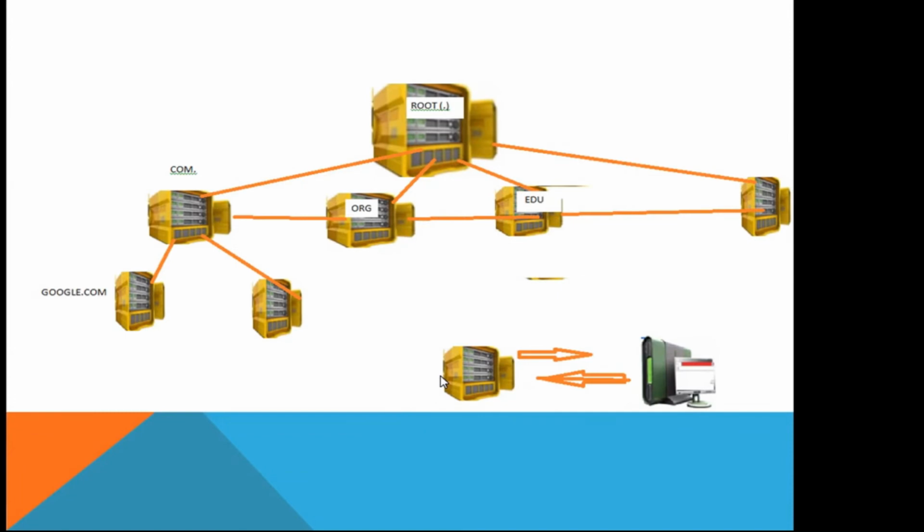I'll try to explain in this mode. When your computer sends the request for google.com to your local DNS, it finds the IP address. Yeah, I have the DNS entry, I know about google.com. It will send the request back to you and give you the IP address. It resolves your host name into the IP address, and the computer can directly contact google.com and the connection can be established.